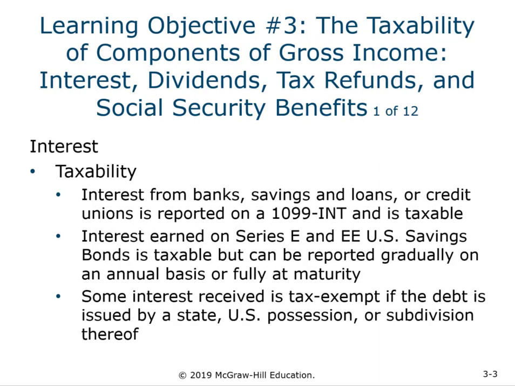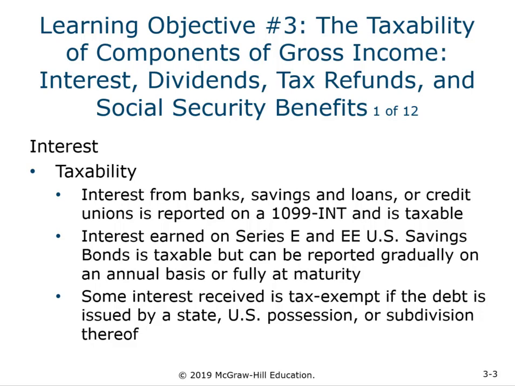Now, some income categories and how they work for the next several slides. First of all, interest. Typically, you think of interest as being paid by a bank for you to have money in a savings account or a CD, reported on a 1099 INT.